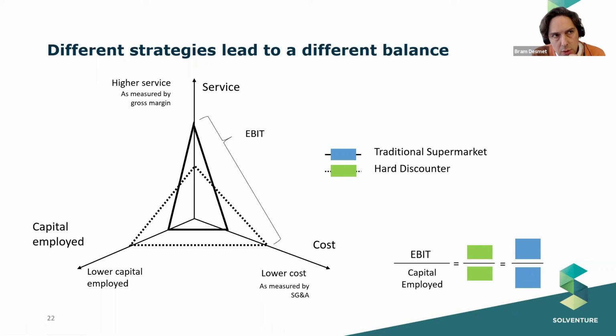I say to Aldi, dear Aldi, it's okay that your margin is a bit lower. Why? Because typically you can compensate with less capital employed, less inventory. Quite often the working capital is even negative at this type of players, and you are very efficient in the utilization of your assets, the property, plant and equipment, the distribution centers, shop space, etc.